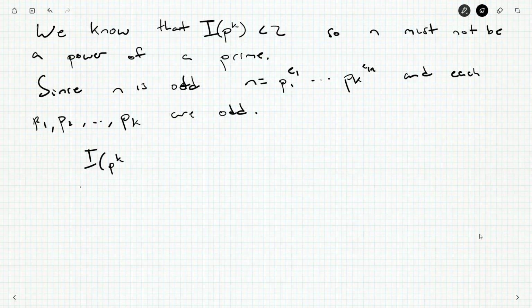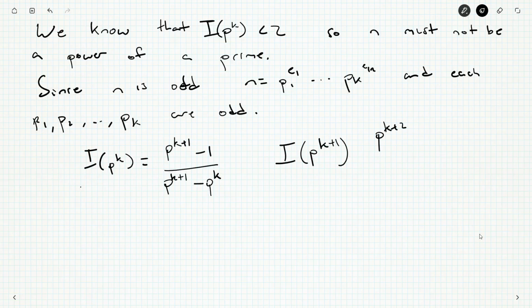I of p to the k is p to the k plus 1 minus 1 over p to the k plus 1 minus p to the k. I of p to the k plus 1 is p to the k plus 2 minus 1 over p to the k plus 2 minus p to the k plus 1.